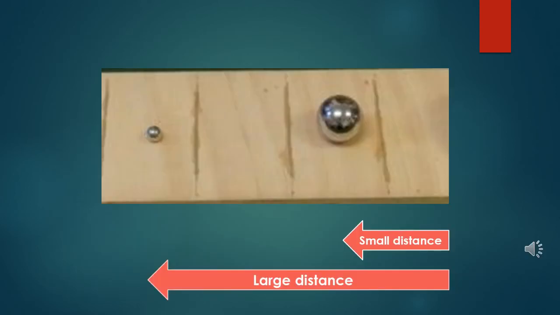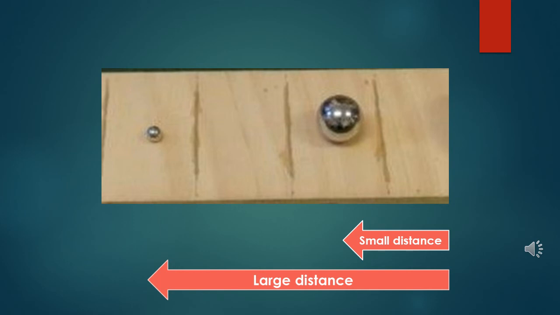Let's have an example to understand more. If I have two balls again, one of them is small, which means its surface area is small, and another one is big, so its surface area is large or high.